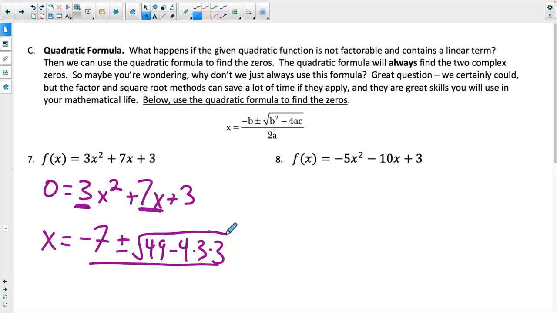And then finally, 2a, what's a? What is it? 3. Yeah. So if I have 2 times 3, I'm confident that we can do that as well, and I'm just going to write 6 down here. So I do some of the work throughout the problem, not all of it.